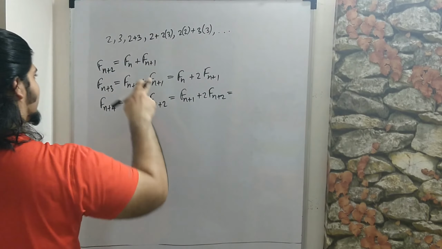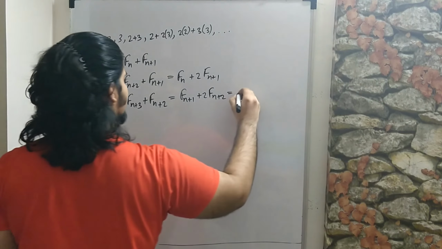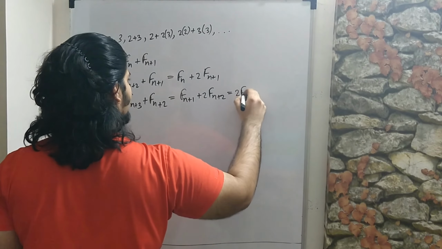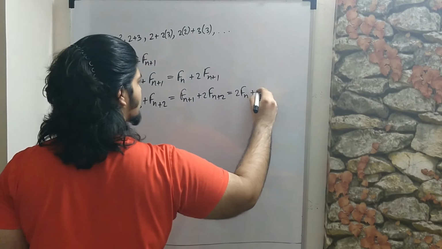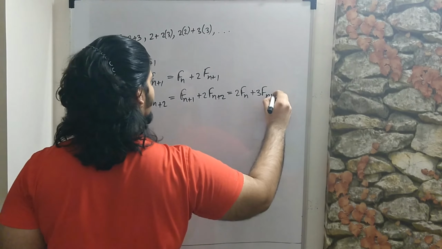And again using this equation, this is equal to 2f_n plus 3f_{n+1}.